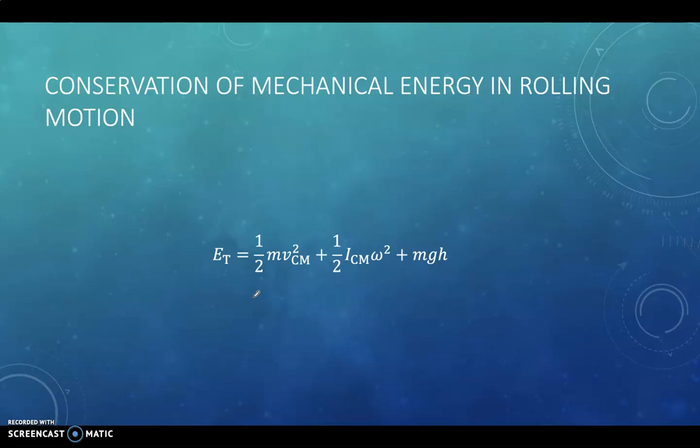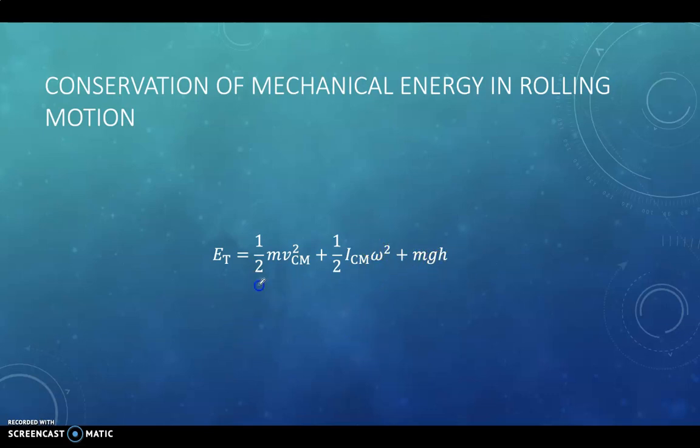All right. So I just wanted to quickly mention the conservation of mechanical energy in rolling motion. Notice the similarities here. We have E total equal to 1/2 m v center of mass squared plus 1/2 I center of mass omega squared plus mgh.